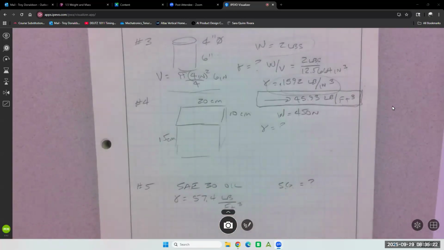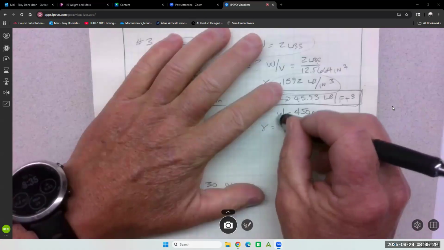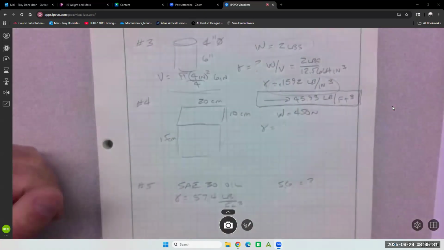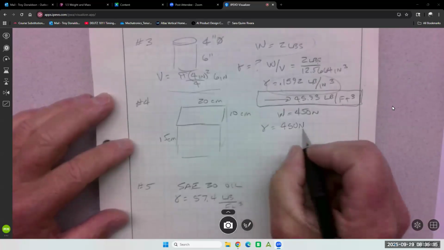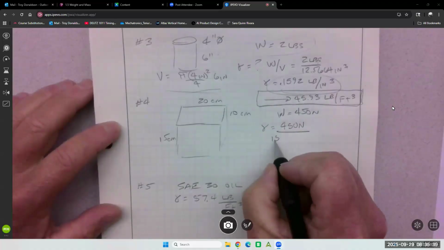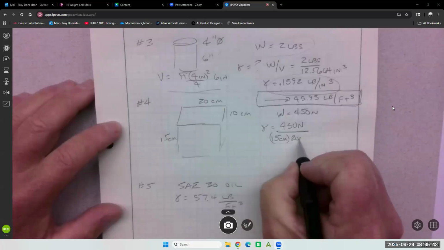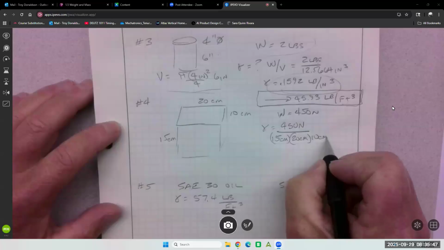So we can come up with our volume and our weight to get our specific weight. So 450 newtons over this volume, right? Which is just 15 centimeters times 20 centimeters times 10 centimeters.